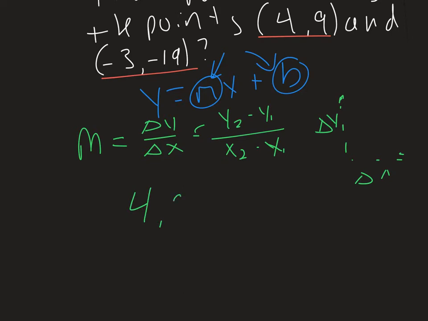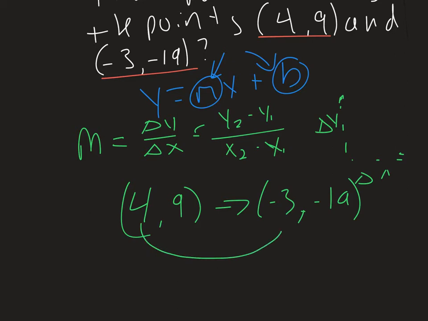If I'm going from (4, 9) to (-3, -19), I can say my change in x would be whatever I have to add or subtract to 4 to make negative 3, which means I would subtract 7 in this case. That's my change in x. And how do I get from 9 to negative 19?